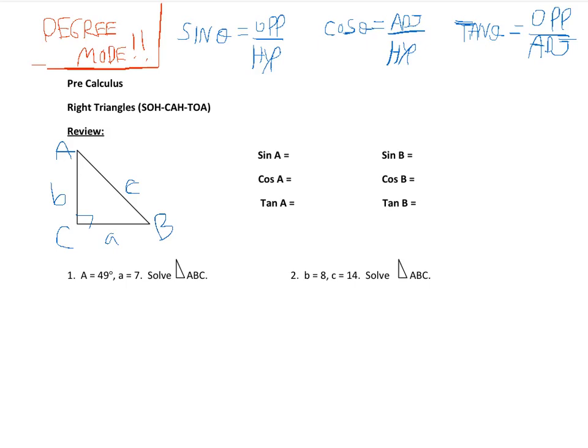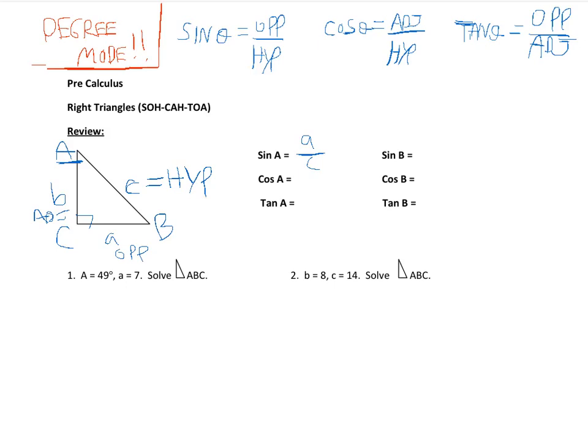So if you see uppercase letters for this, we're dealing with angles. If you see lowercase a, b, or c, we're dealing with the sides. Now, if I used angle A right here, little a would be the opposite side, little b would be the adjacent, and little c is always going to be the hypotenuse, no matter if you look at angle A or angle B. So sine of A is opposite over hypotenuse, a over c.